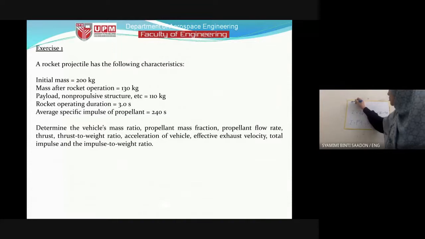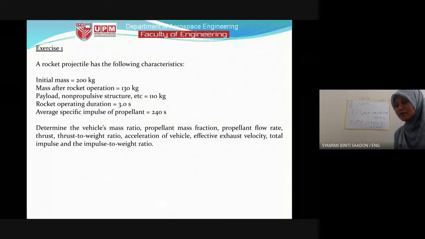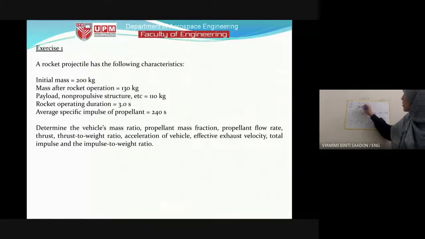Impulse to weight ratio. 164,000 divided by just now the weight, the initial weight minus all the non-propulsive payload, etc. So 200 minus 110, 90 kilogram is the real weight of the rocket, including the mass of the propellant, times g.